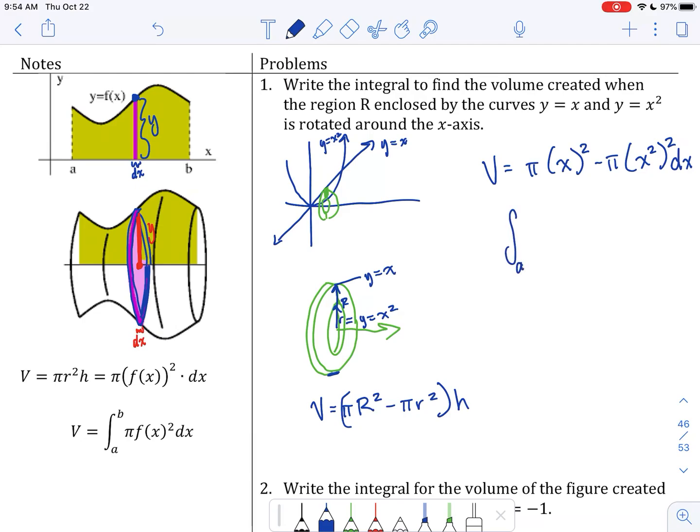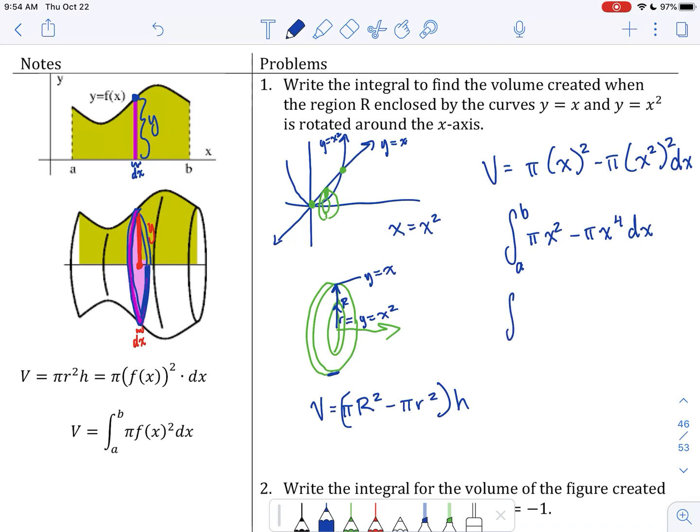So then the whole thing is the integral from a to b of pi x squared minus pi x to the fourth dx, and you could do some simplification if you want. All I need now is to find a and b, which are the points of intersection, similar to what we talked about last week. You can do some algebra and say, when is x equal to x squared?